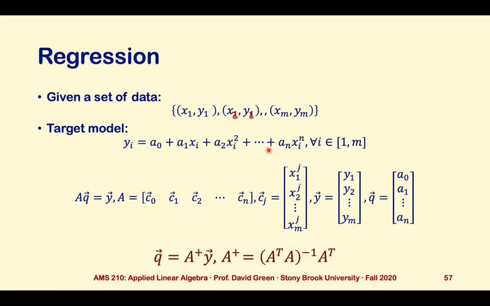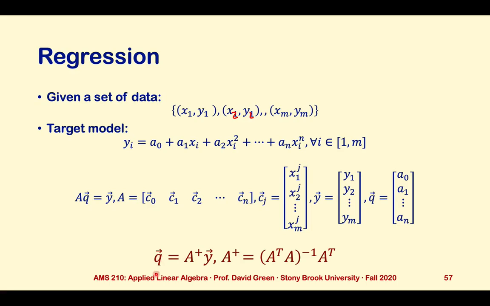And if we construct such a matrix, the attempt to fit this becomes A times Q equals Y, where Y is a vector of the y data from our data set, and Q, our unknowns, are the parameters of the fit, the coefficients of this polynomial.